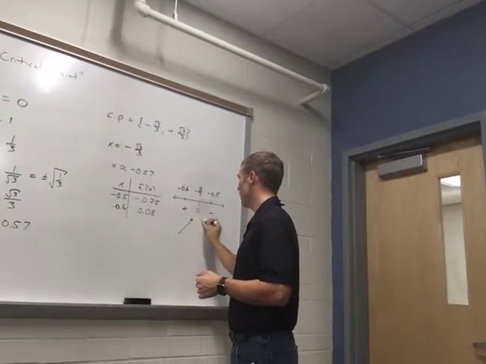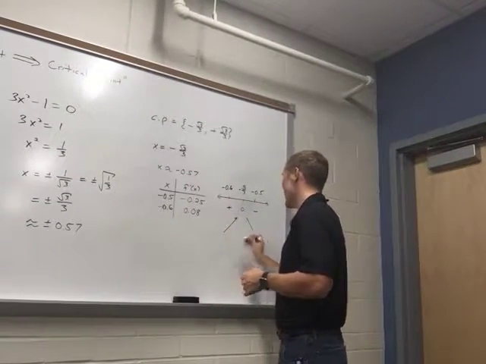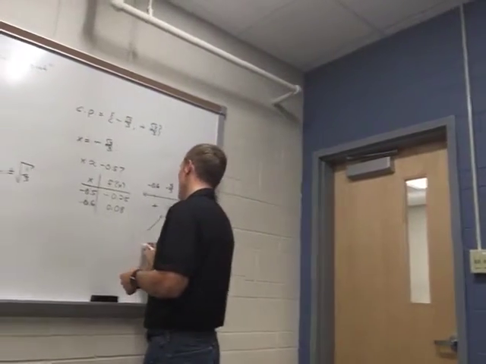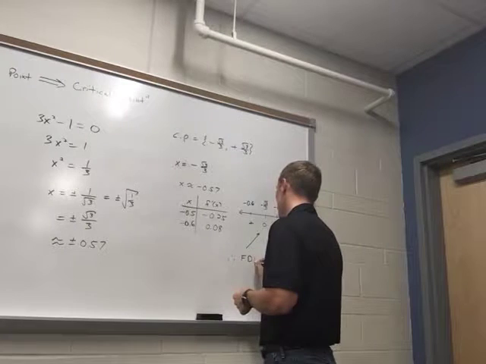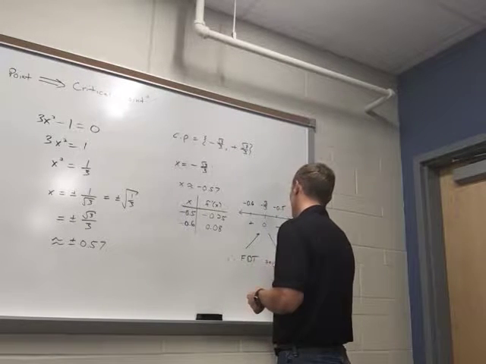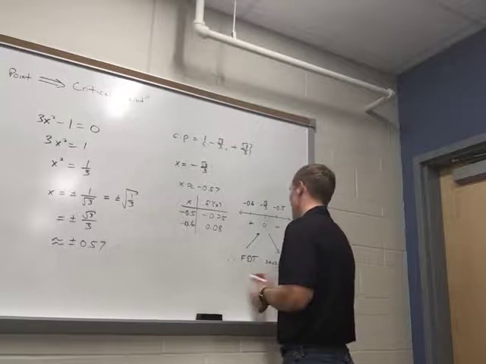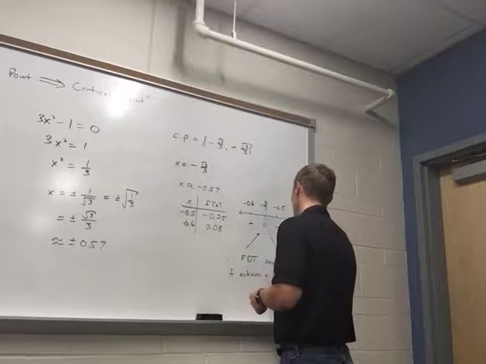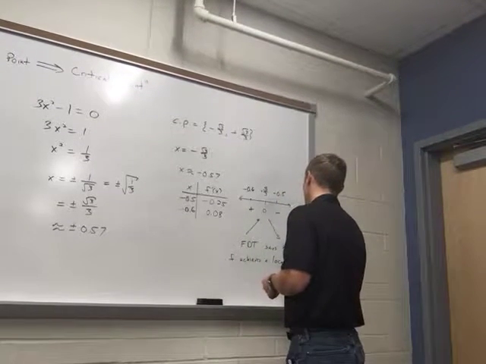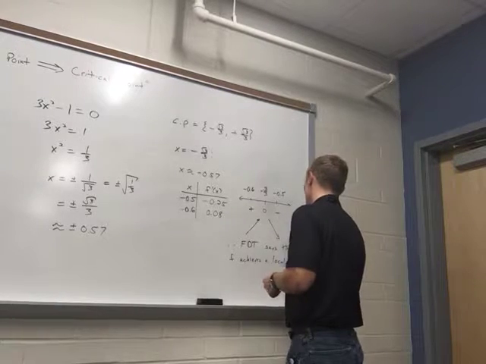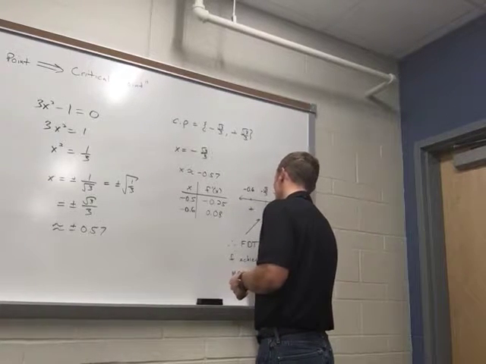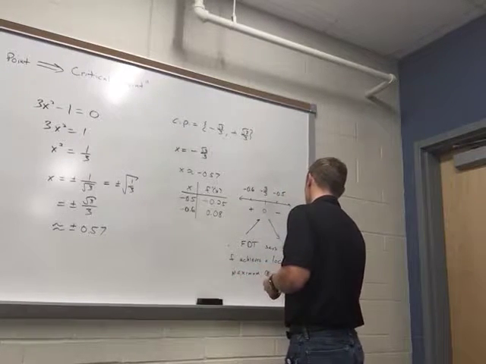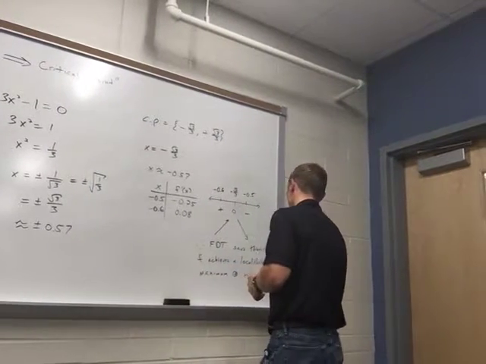So it goes up, is flat, and then goes down. Therefore, the first derivative test says that f achieves a local, relative maximum at x equals negative root 3 over 3.